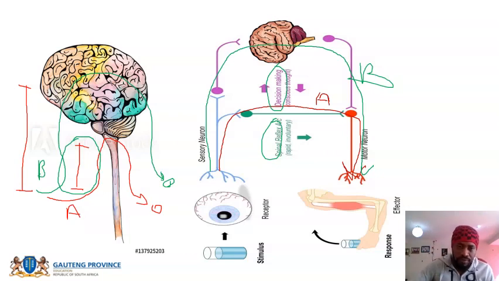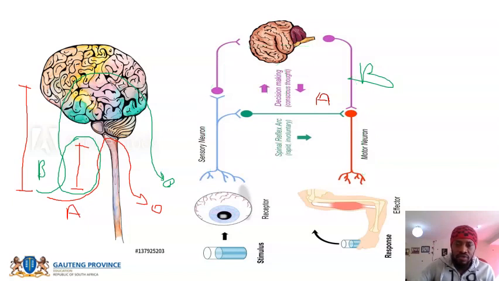While that message, the impulse, is sent through the spinal cord so that we execute an action, that's our message going through the spinal cord, then we execute that action.